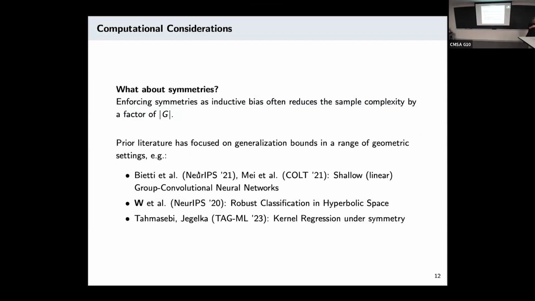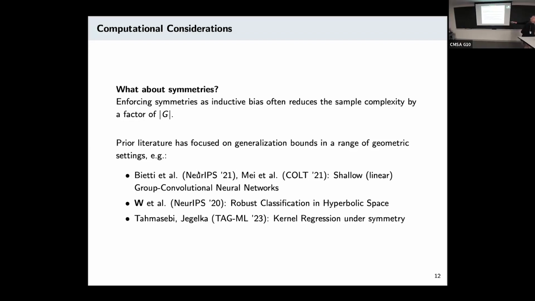If we now encode symmetries as inductive biases, so we use equivariant neural networks, we restrict our attention only to the symmetric functions. What kind of impact does that have on the sample complexity? This has mostly been analyzed for special instances of equivariant neural networks or for special geometric settings, but the general trend that we see is that geometric inductive bias reduces the sample complexity by a factor that is proportional to the size of the group.